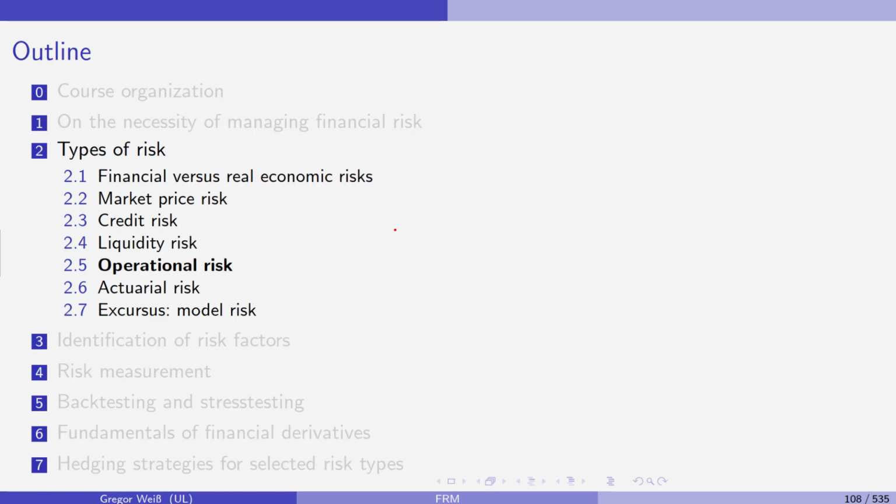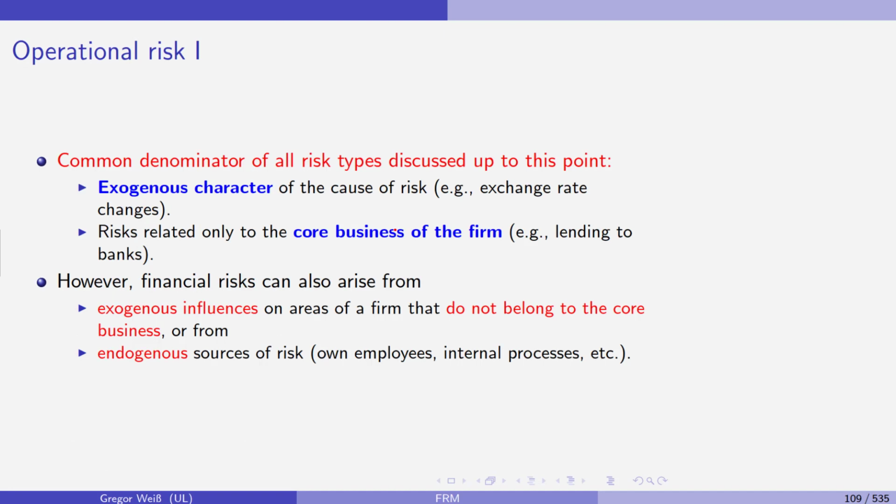What is operational risk? First of all, we have to see that so far the common denominator of all the risk types we've discussed was that they had an exogenous character, in the sense that something happened outside of the financial institution and this event caused risk exposure in the bank.